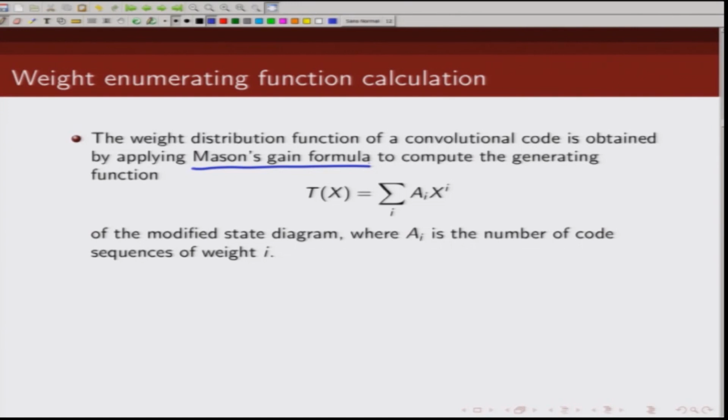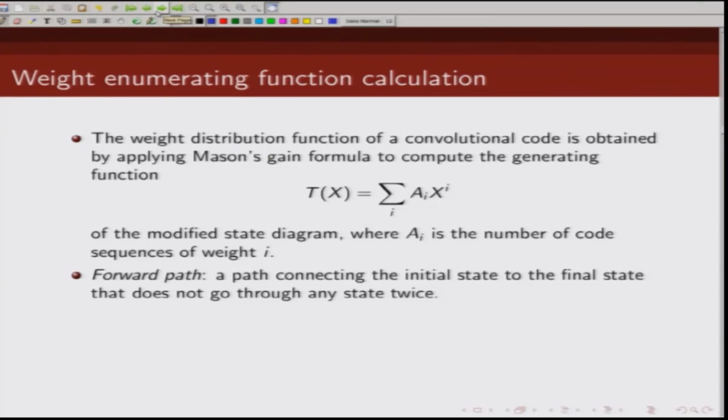As we said, we are going to use Mason's gain formula to compute the weight enumerating function for the convolutional code. We are going to describe how to use Mason's gain formula. We represent by T of x the generating function, which will enumerate all code words of weight I. Now, let us define a few terms that we are going to use.